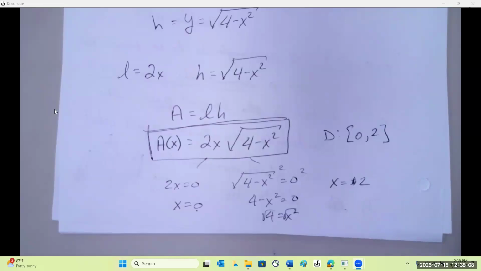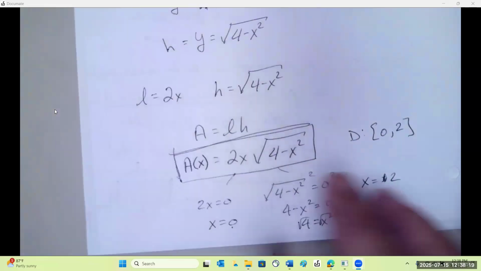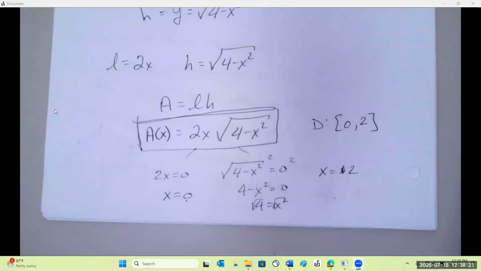Now what do we do? What are we looking for? We're looking for the rectangle. What is the largest area the rectangle can have? So how do we find the largest area the rectangle can have? How did we solve the first two problems?